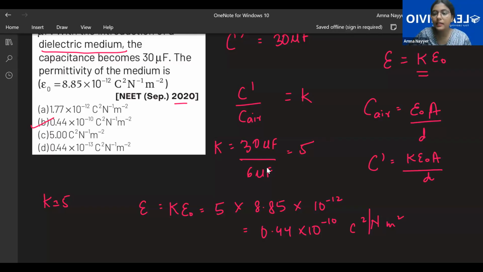Done? Others? All right, so let's move to the cylindrical capacitors.